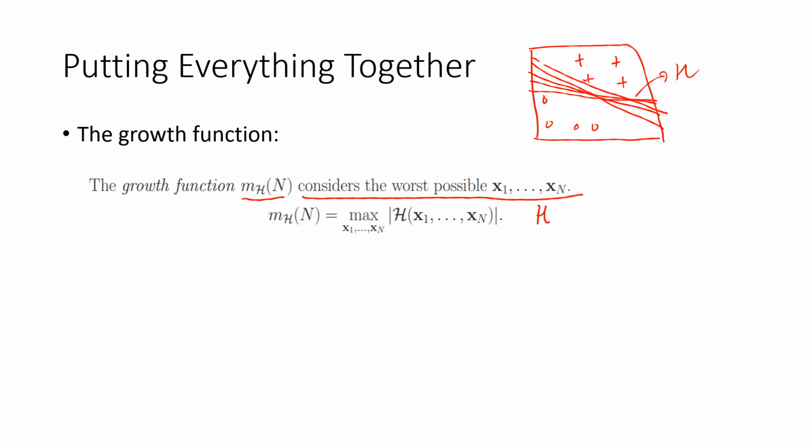How many dichotomies can I implement? And next I can maximize that. That's why this max comes in, right? I will maximize that over all data sets of size n.